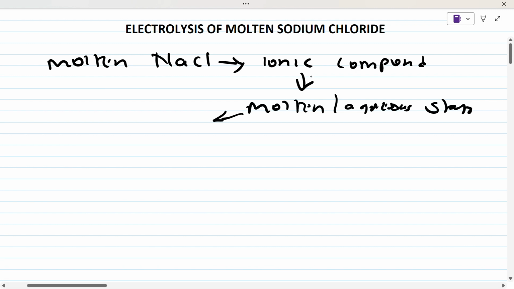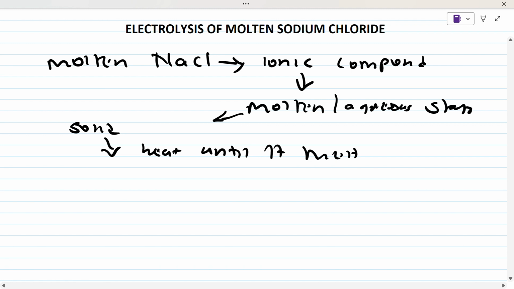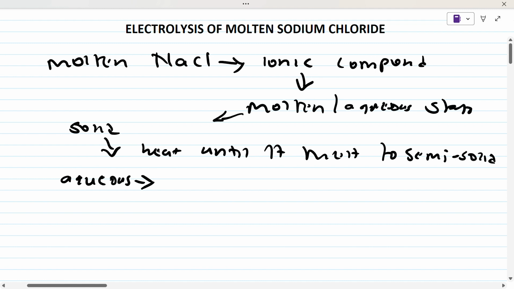Molten is when a solid is subjected to a higher degree of heat until it melts to semi-solid. Aqueous state can also be defined as dissolved state.